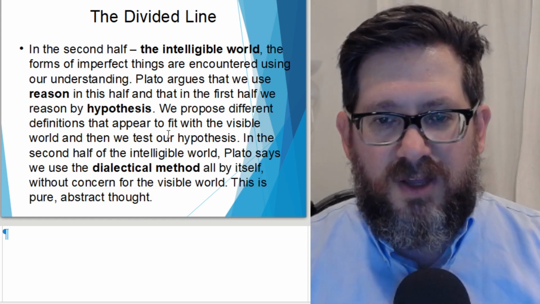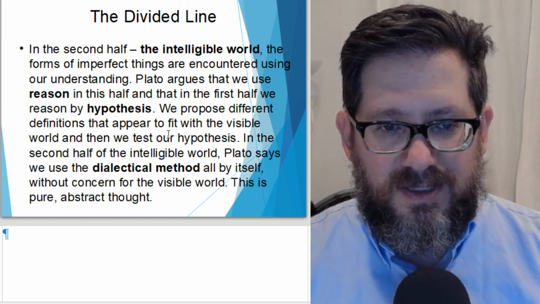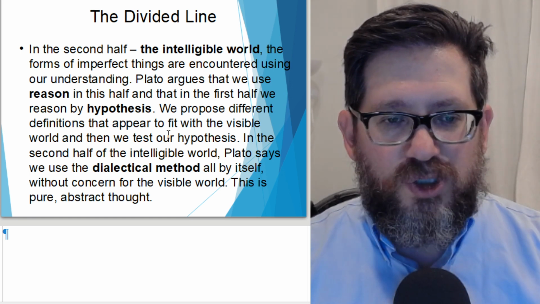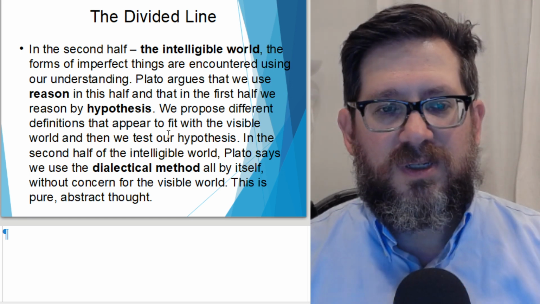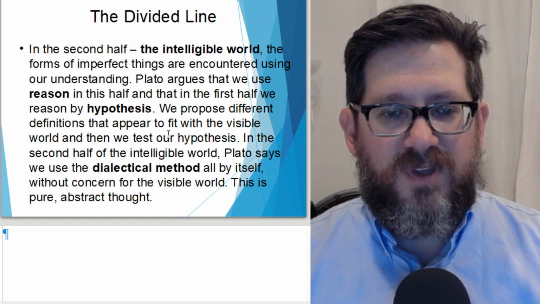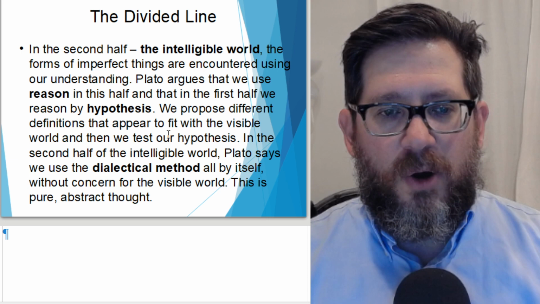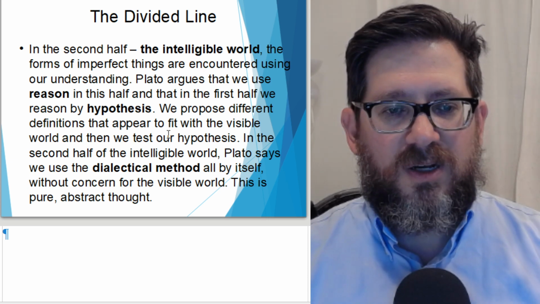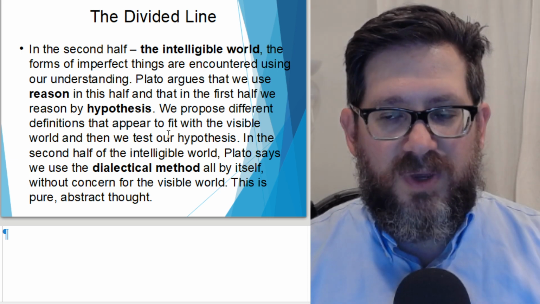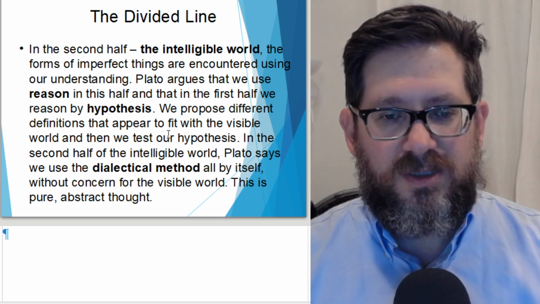What about the other side of the divided line? The upper half, the intelligible world. So the forms of imperfect things, these are the lower level forms, are encountered using our understanding. We have to come up with the definition.